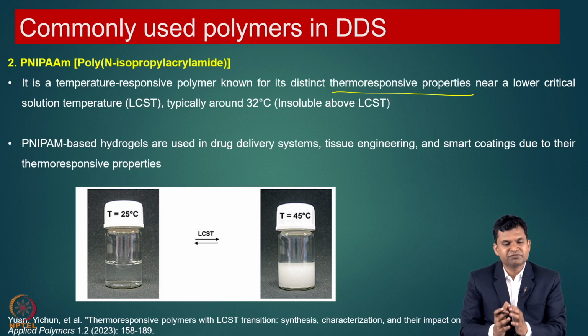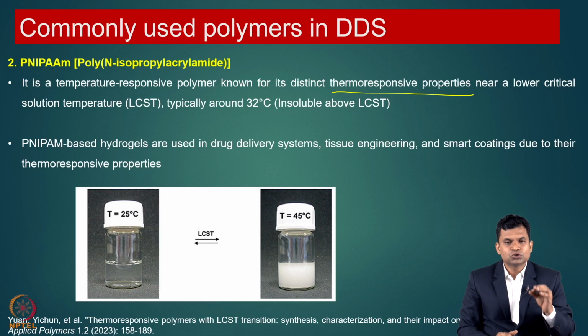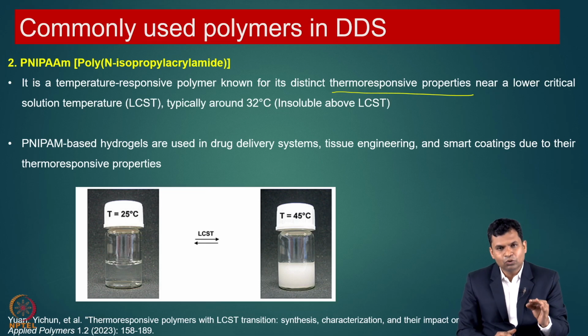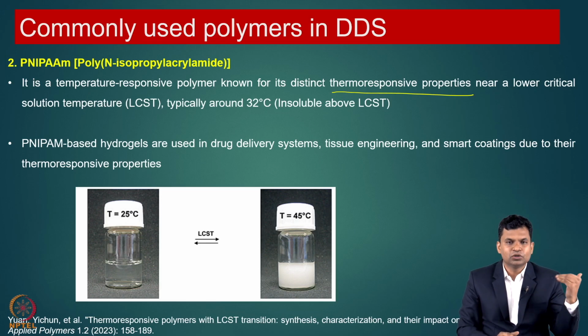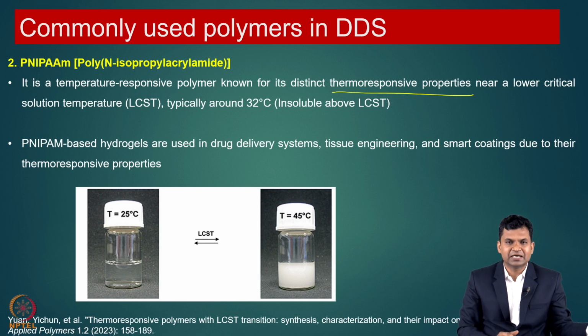So, in such conditions, when you use these polymers, the response of the polymer is very important for active targeting. These polymers will go and be retained at those particular cancer cells which show high temperature compared to normal cells, and there your drug will be released based on the temperature, because the response will happen at a temperature higher than the normal cell temperature.